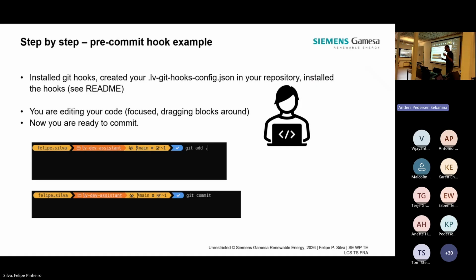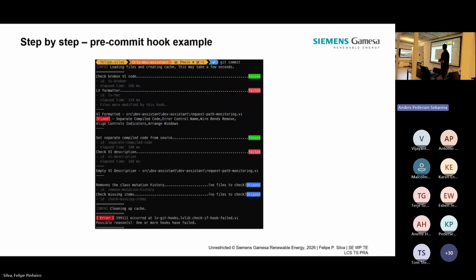So then I was just dragging around, and I said, "Okay, now I'm good to commit." Then I go to the terminal. I mainly use the CLI to do my Git stuff, and I do git add and git commit. Bang! The Git hooks start running, and then it checks many things.